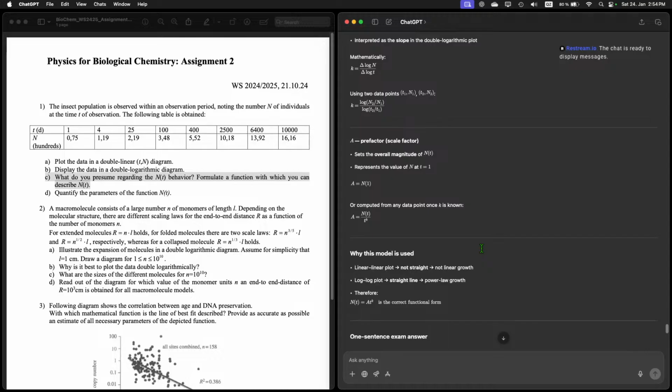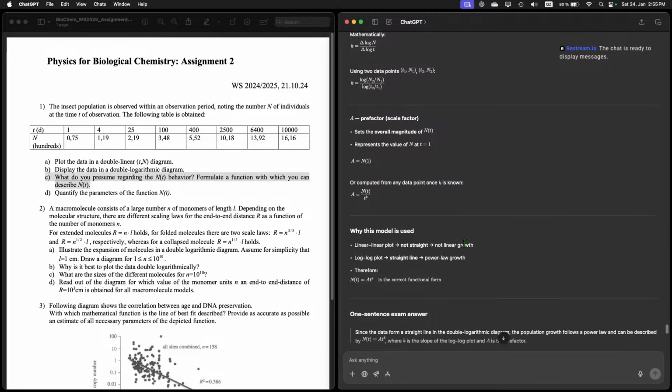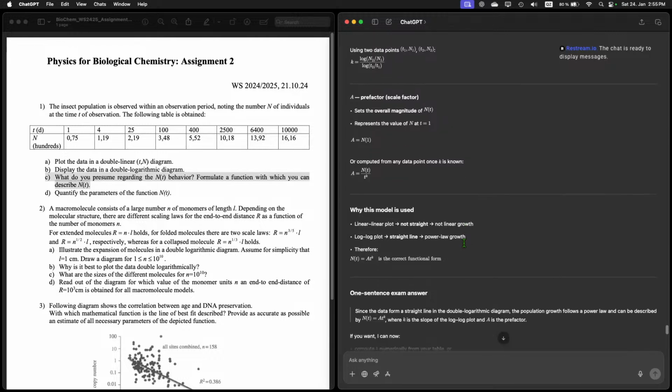T raised to k. So if I have to find the a, a equals N of t with t raised to k.